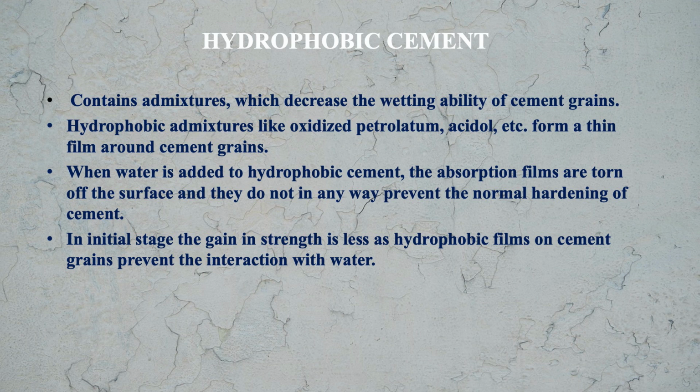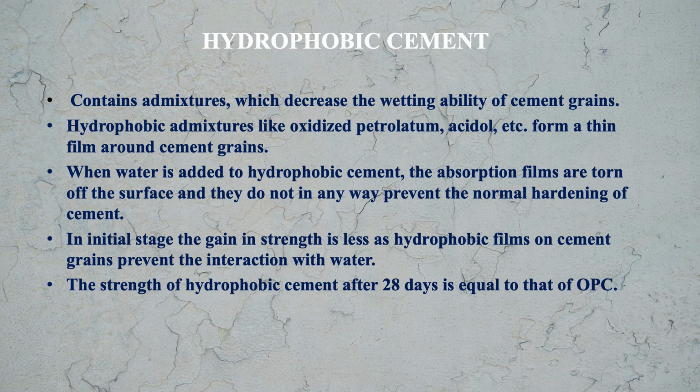In the initial stage, the gain in strength is less, as the hydrophobic film on cement grains prevents the interaction with water, but the strength of hydrophobic cement after 28 days is equal to that of ordinary Portland cement. Let us see what are the uses of hydrophobic cement.